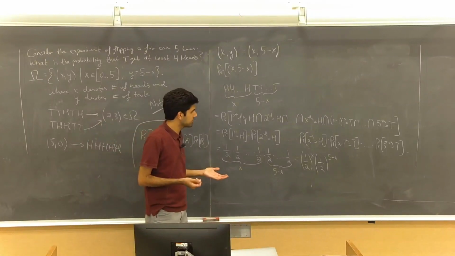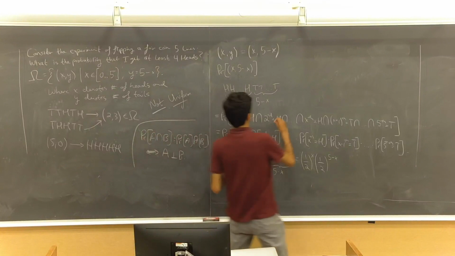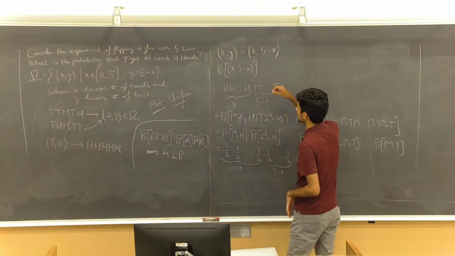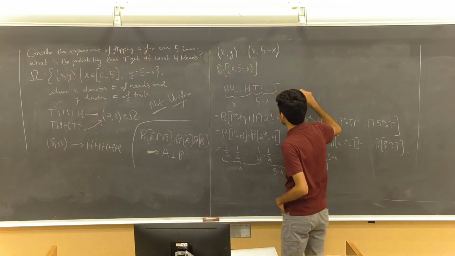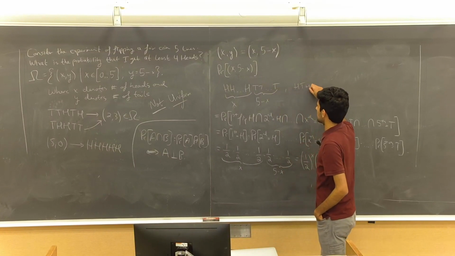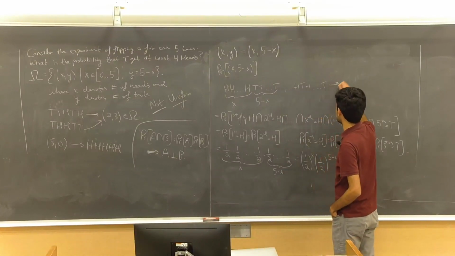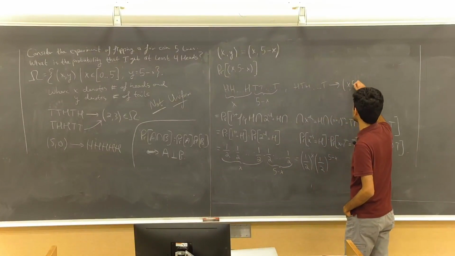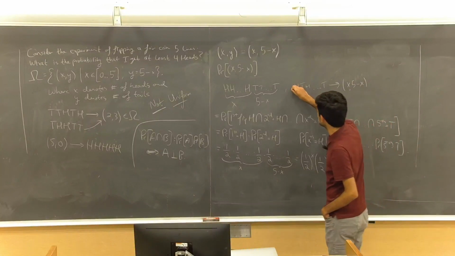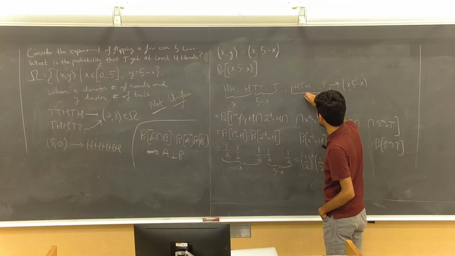However, you can quickly argue to yourself that whatever HT sequence I do to get x comma 5 minus x, like this, suppose that this yields x comma 5 minus x, the probability of us seeing this is still going to be 1/32.